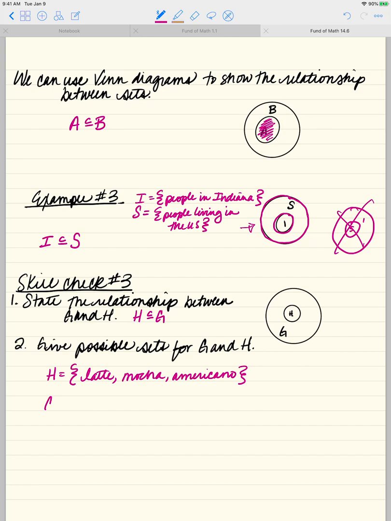And G is hot drinks at Starbucks. You can get a hot latte, hot mocha, hot Americano at Starbucks. So H is a subset of G.